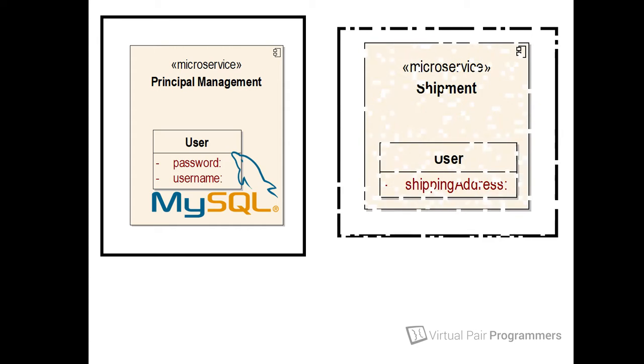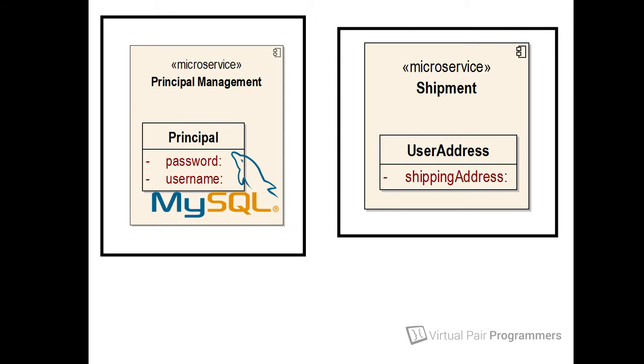There's going to be a separate microservice responsible for order shipments. It would have its own table containing just the data relevant to the user's physical location, their address. So we might have a user table in here as well, albeit containing a different subset of data. We might not call the tables user in this microservice. It might be better to call that table principal.